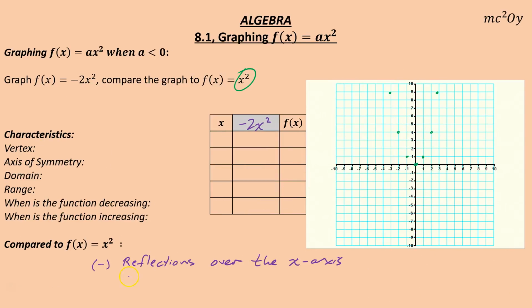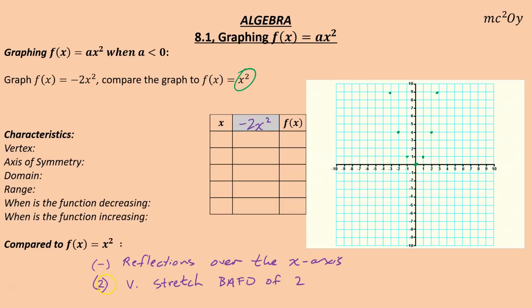Well, what does the 2 do? Well, the 2 is actually greater than 1, right? So the 2, in this case, is going to be a vertical stretch by a factor of 2.